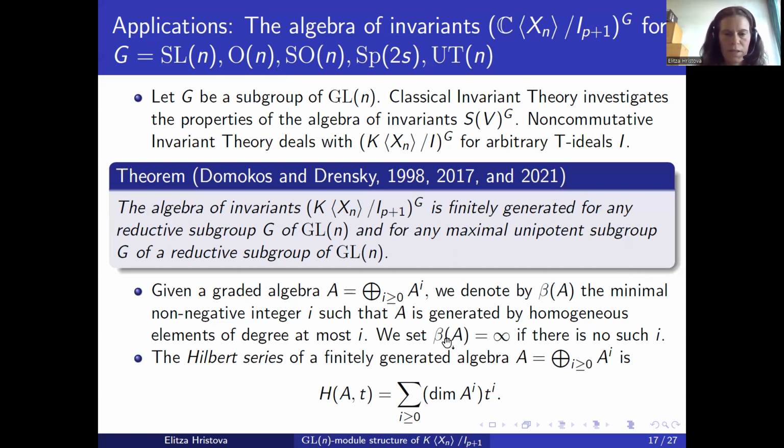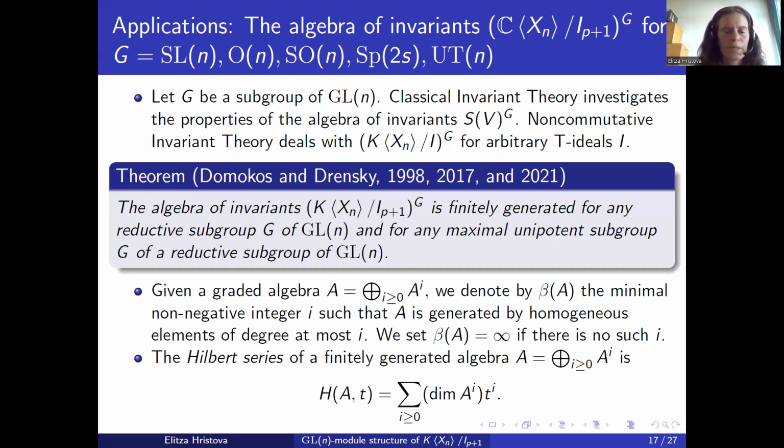And since we are going to use Hilbert series in order to find a bound for this maximal degree, here we have recalled the definition of Hilbert series, which works not only for algebras of invariants, but for any finitely generated graded algebra. It's a sum over i of the dimensions of all homogeneous components, A_i, times t to the power i.